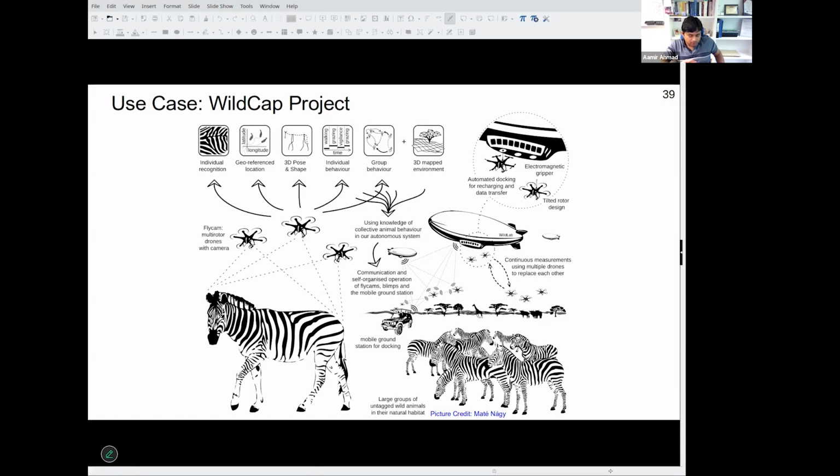So the goal of this project Wildcat is to infer animal behavior at scale. And by behavior, I mean not only primitive motion behaviors like walking, running, or drinking, eating, and so on, but also complex behaviors like interacting with other individuals, or grooming, and so on.